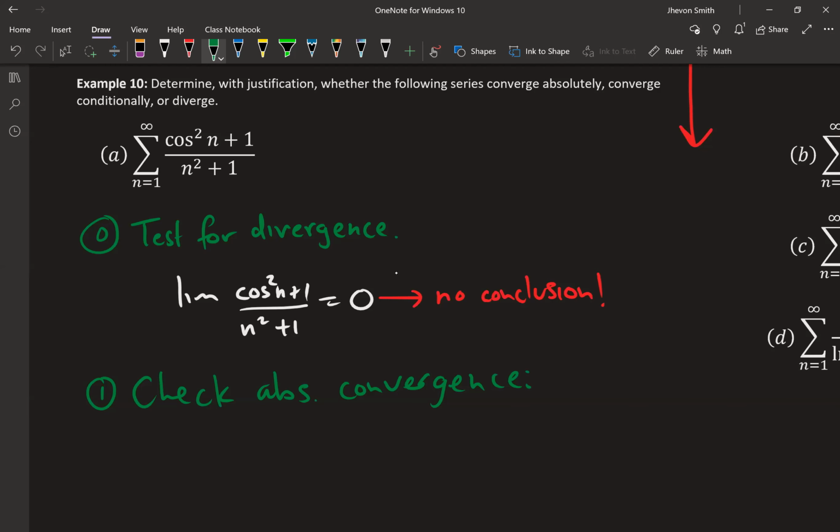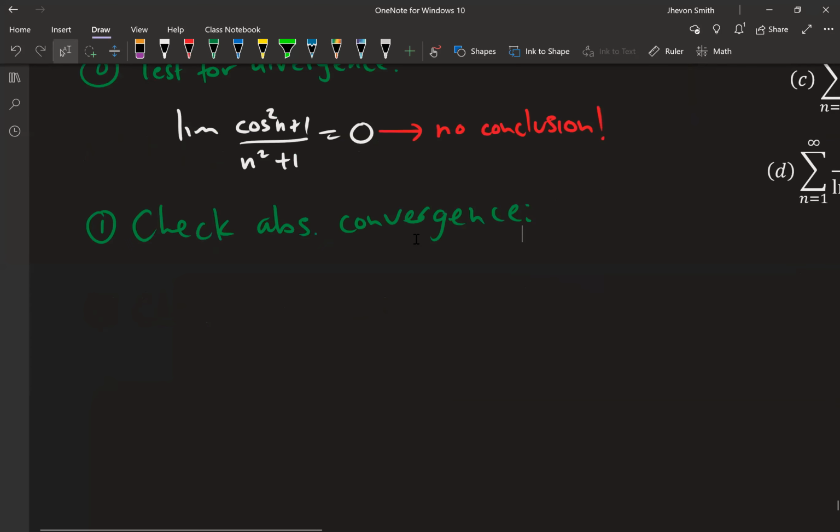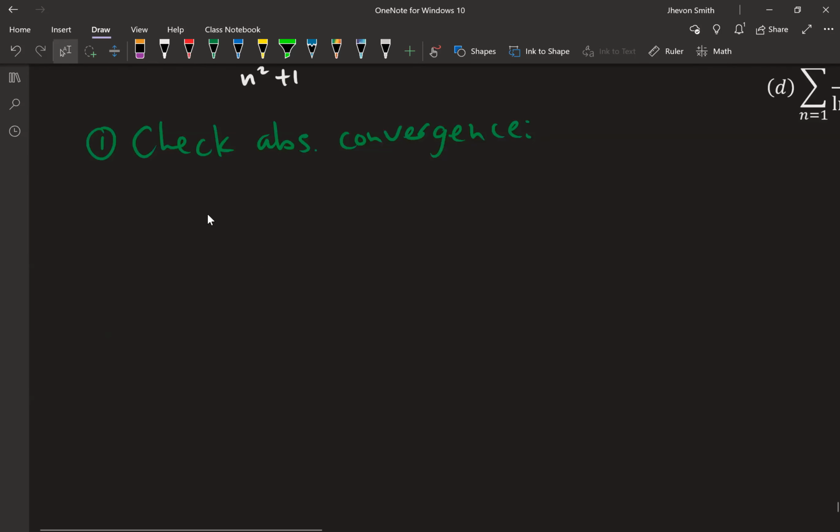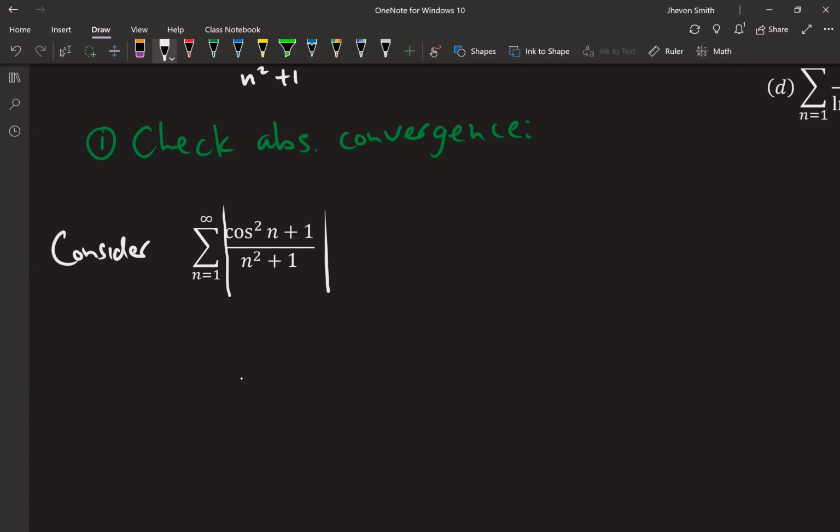Which means you are going to consider this guy with absolute values around this, right? So you put in absolute values, see what happens. Okay, so I have absolute values put in here. What can you tell me about that?